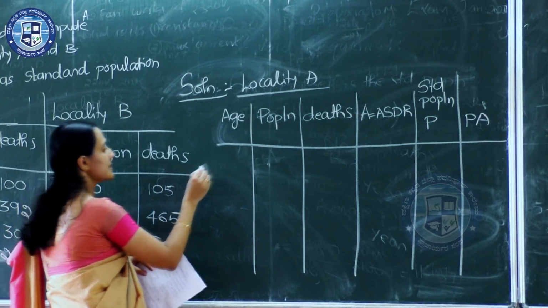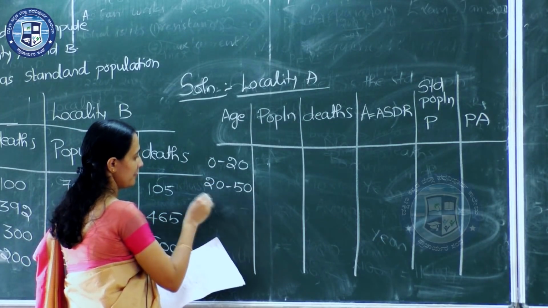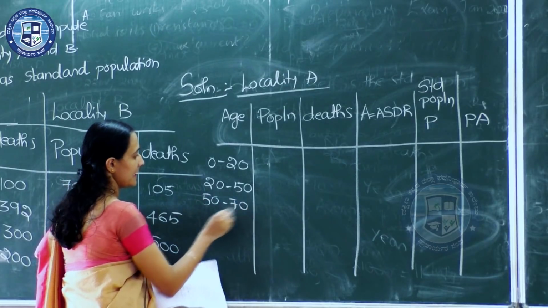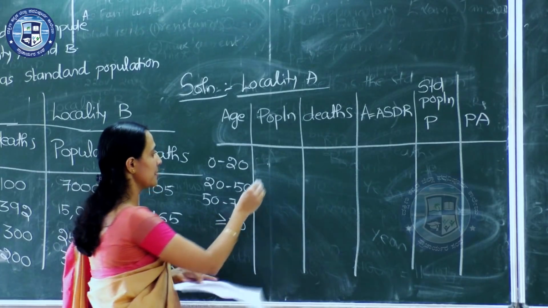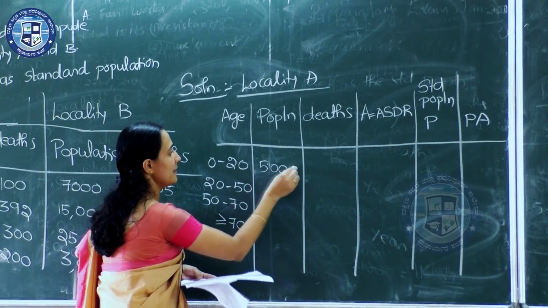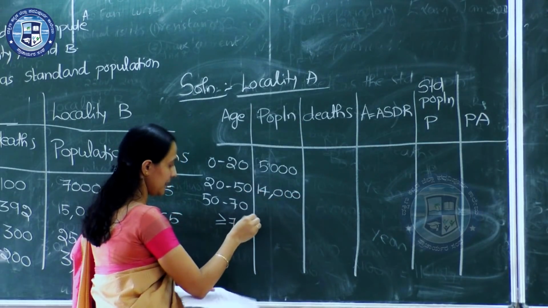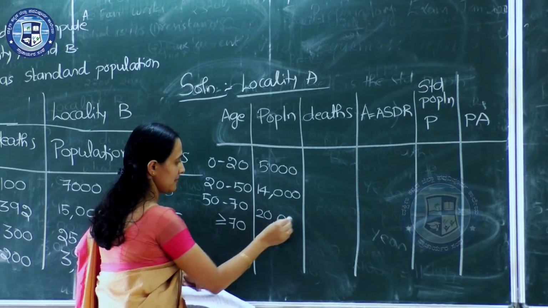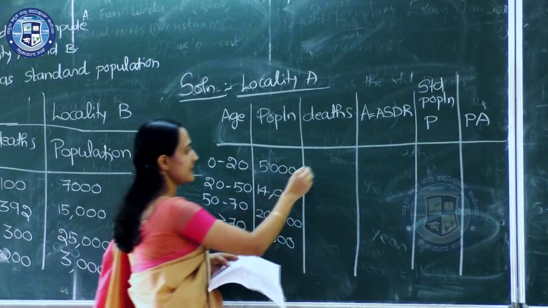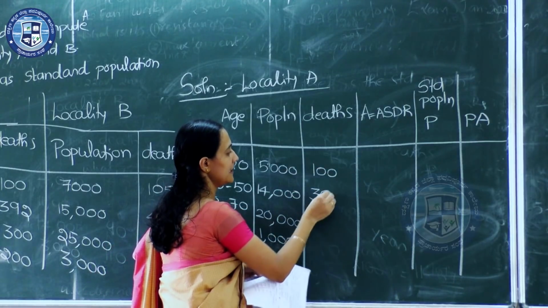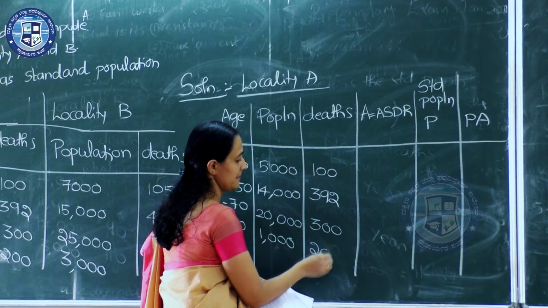So age 0 to 20, 20 to 50, 50 to 70, greater than or equal to 70. Population is town A population, 5,000, 14,000, then 20,000, 1,000. Then deaths also 100, 392, 300, 200.